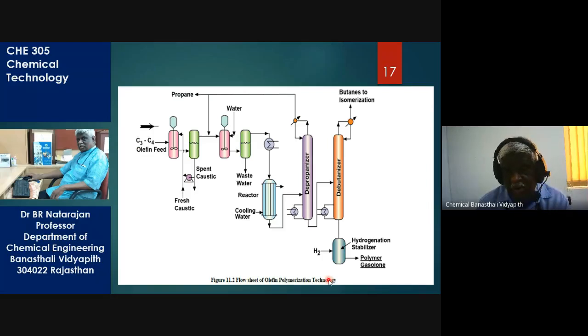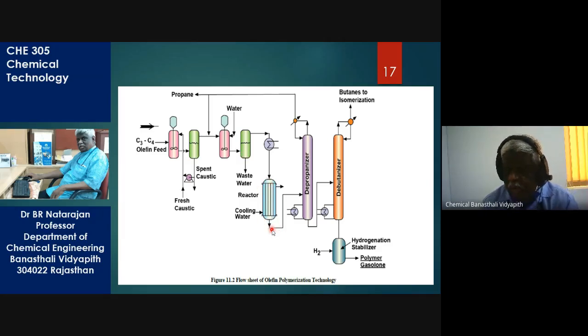This is the flow sheet of the polymerization process. You can see that C3, C4, olefin feed, propylene, butylene, right? And some caustic is added because the catalyst is sulfuric acid. So I'll have to do a caustic wash so that the sulfuric acid is neutralized, right? So you can see they are mixed thoroughly and then go for a caustic wash, right? So dimer trimer has formed, and then some water wash is done, and then the separation sequence is happening here, right?